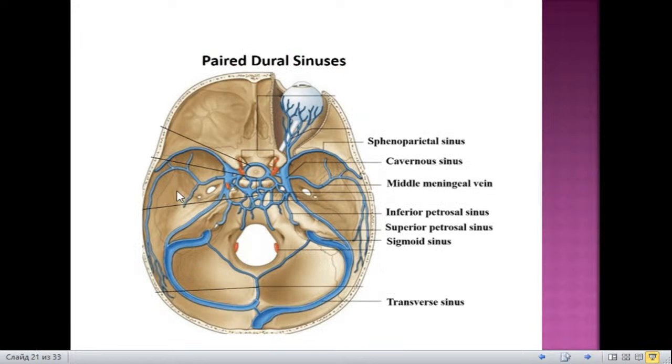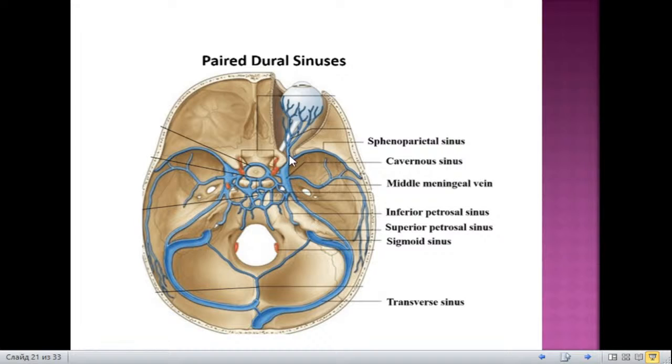Now sinuses of the base of skull. So again, the common direction for the blood flow is from the front to the back. So everything begins from the sphenoparietal sinus. You see it here. This one and this one.